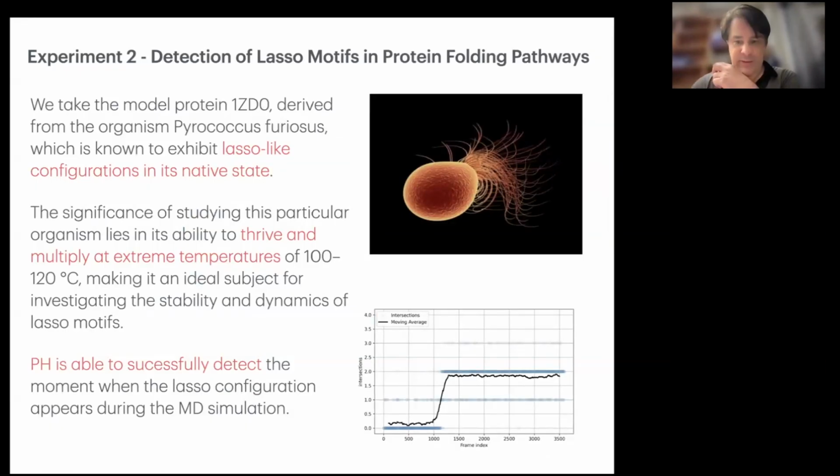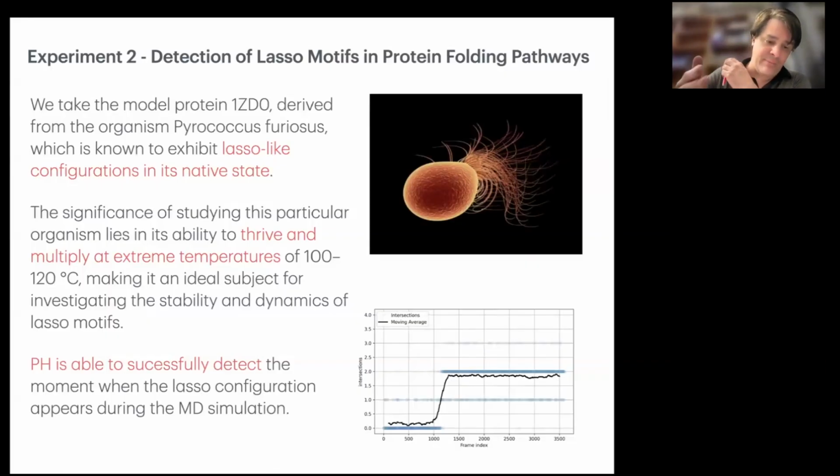So the other experiment using persistent homology was to obtain a full simulation of a protein starting unknotted, with no lasso, and then, through time, modeled by these molecular forces, at one point the lasso appears. This is also data that was provided by Joanna Sulkowska from her previous experiments.